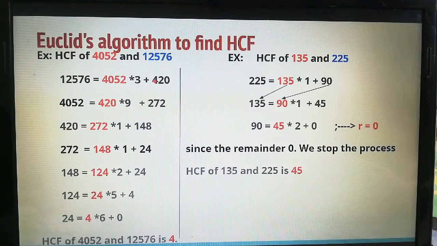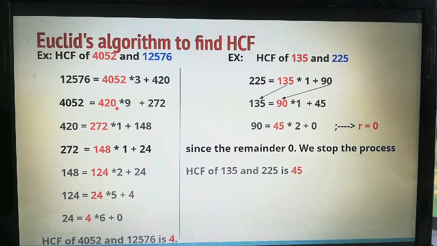Okay, 420 is not 0, so we do the process again, considering 4052 as a and the remainder 420 as b. How many times can we take 420? If we consider 420 into 10, we get 4200, which is greater than 4052.